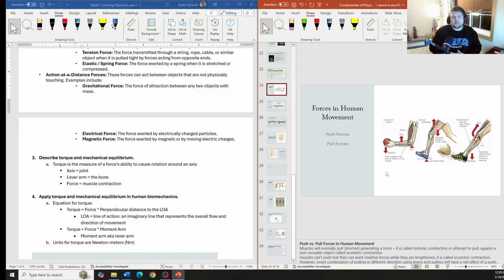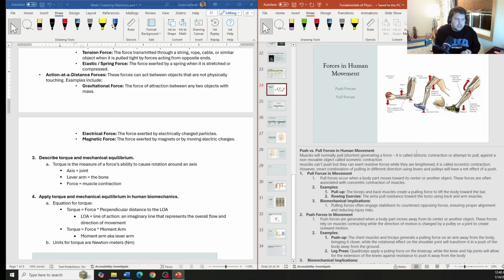That's what allows us to move. We get push forces when we interact with other stuff around us. We push a ball, we push a box, we push against the wall, we push up, all of those things. Muscles are going to pull, they're going to shorten to create a force.